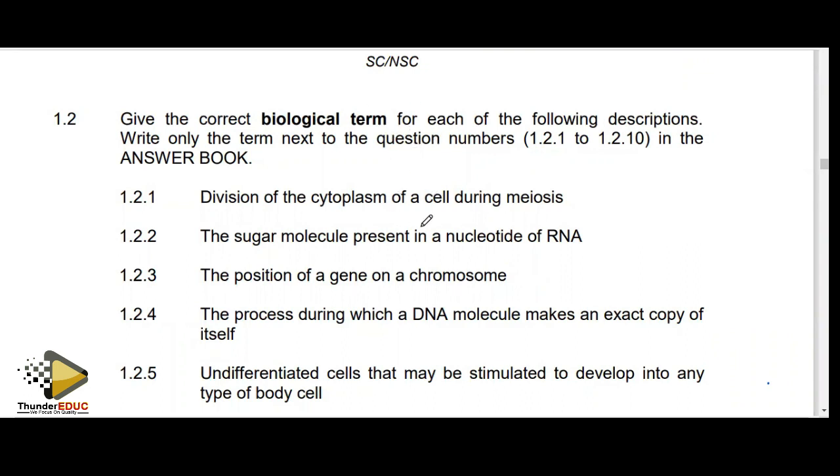As we said, it is a distinction material, so we need to find out each and every question which is in this paper. Where are we going to find the answer? This division of the cytoplasm is called cytokinesis. So how do we know this?